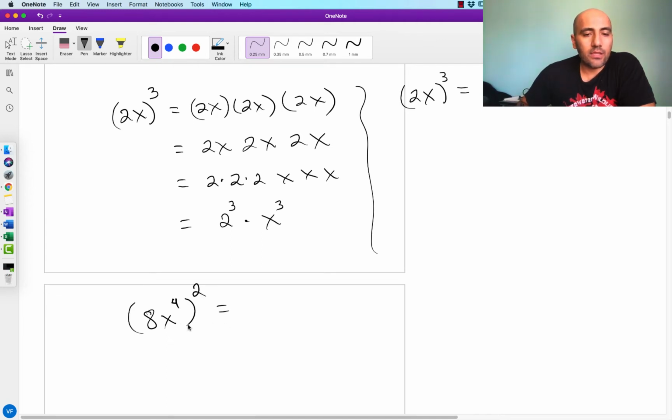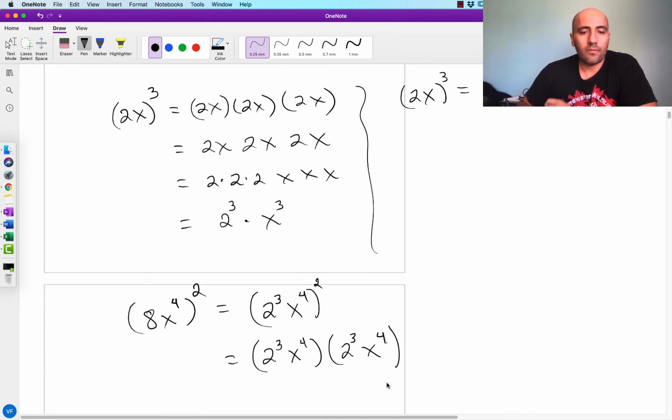Doing it the long way, I'm going to break this down and say that this is equal to 2 to the third power, that's what an 8 is, x to the fourth power, the whole thing being squared. Now the squared means we repeat this twice, so that would be 2 to the third power, x to the fourth, times 2 to the third power, x to the fourth.